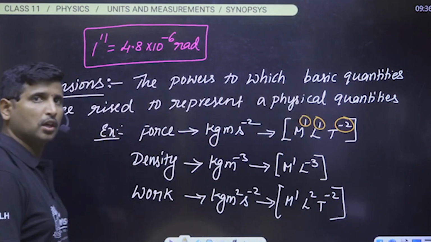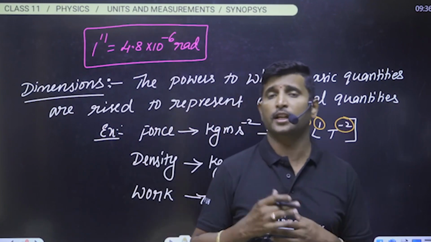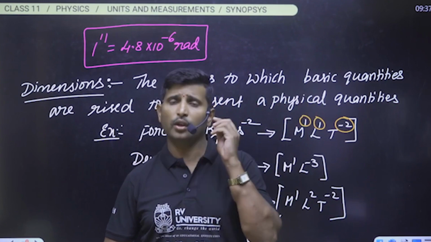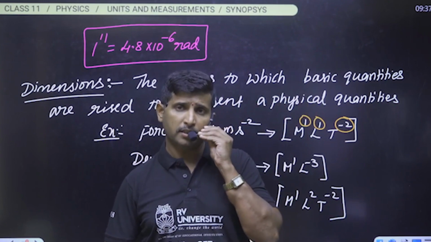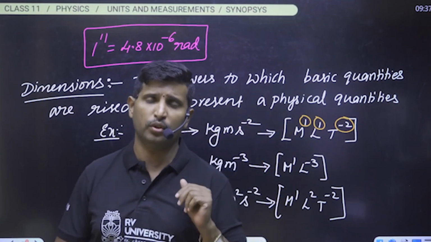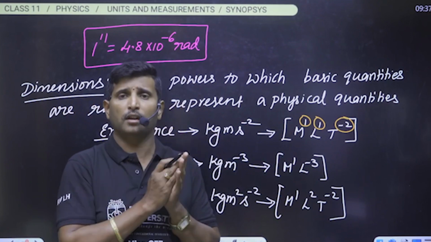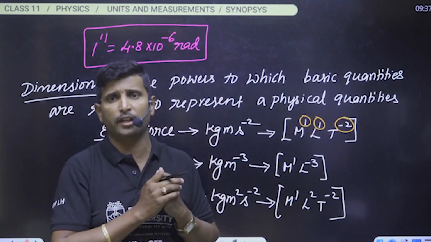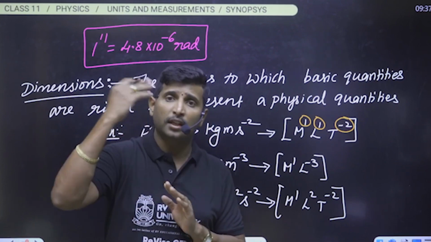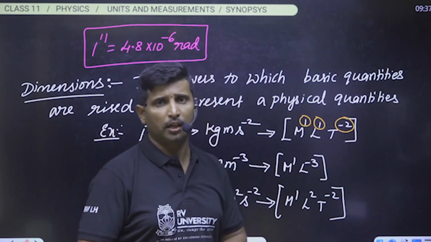Similarly, if I know the unit, we can write the dimensional formula for any physical quantity. Whenever you refer to the NCERT textbook, in the appendix in the last pages, there is a list of fundamental quantities, how various physical quantities are related to them, what the formula is and what the dimensional formula is. Please go through it and refer to it; it helps you a lot.